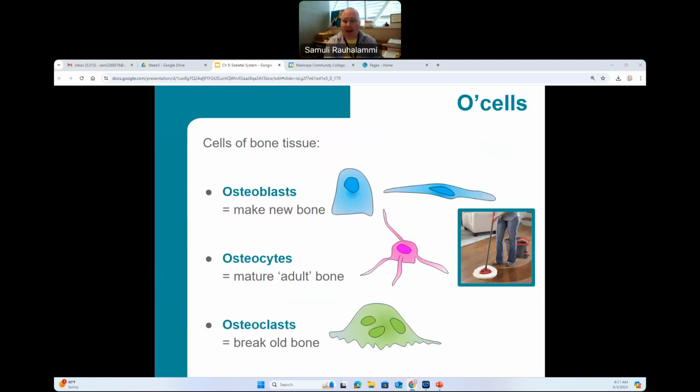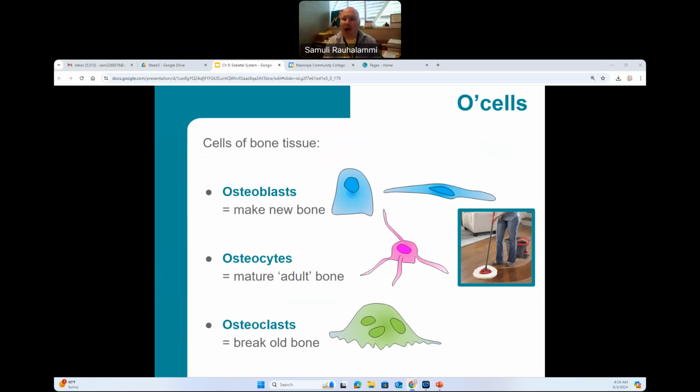Osteoblasts are bone cells that are responsible for secreting the matrix of new bone. These osteoblasts work in a way that they secrete the new bone around themselves. And as they keep secreting more and more new bone around themselves, you can almost consider it as the osteoblast getting trapped inside its products.